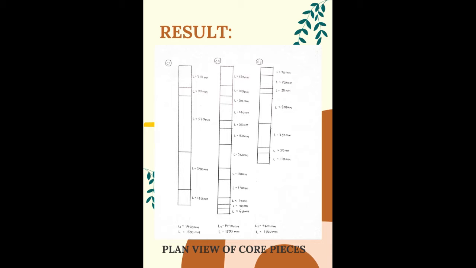Secondly, C2 has a length of 1490 mm and the original length is 1500 mm. Thirdly, C3 has a length of 960 mm and the original length is 1500 mm. The distance of the core pieces is 210 mm.